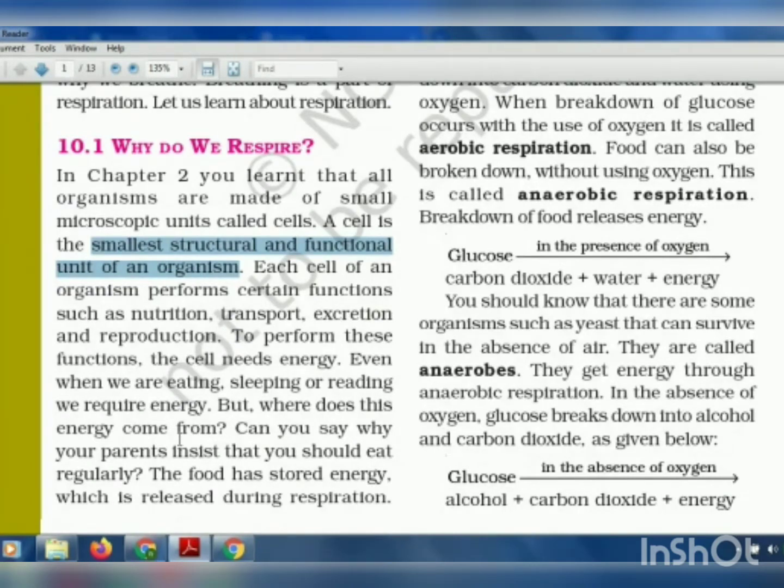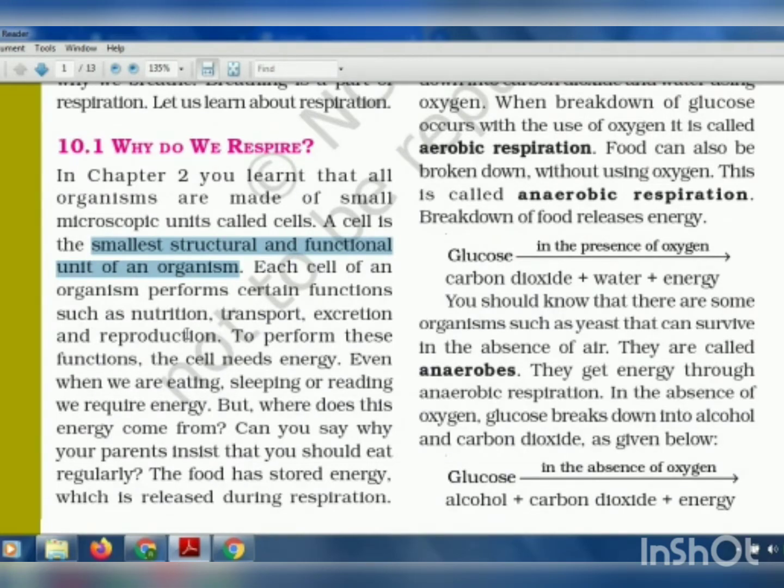Now how does it get energy from the food that we eat? That is explained here. The food that we eat is converted into simple forms and then stored in the cells. And when we do the respiration process, we take in oxygen.